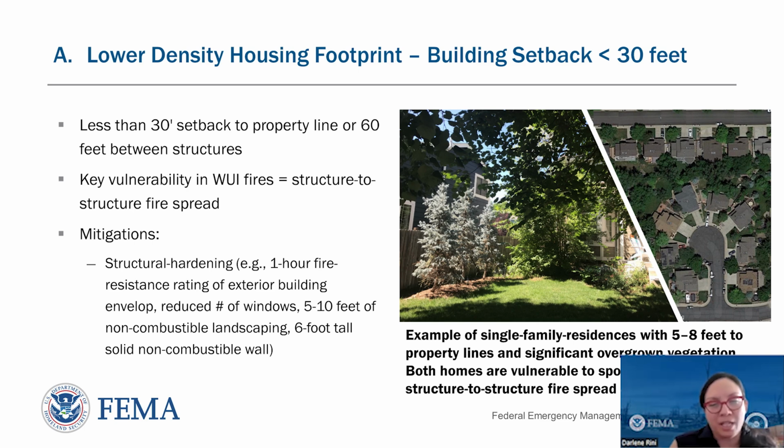So this would include things like a 1-hour fire resistant rating of the exterior building envelope, particularly on the face or the facade that's facing the adjacent structure, reducing the number of windows if you're in a design scenario and not necessarily existing scenario, increasing this sort of zone 0, this non-combustible or ember resistant zone from 5 feet up to 10 feet, and including in a 6-foot tall solid non-combustible wall along the shared property line.